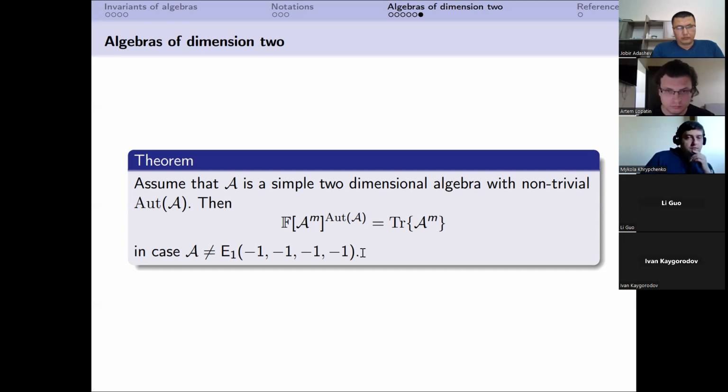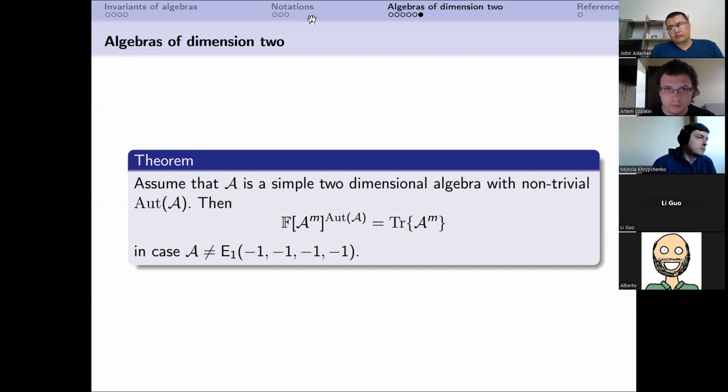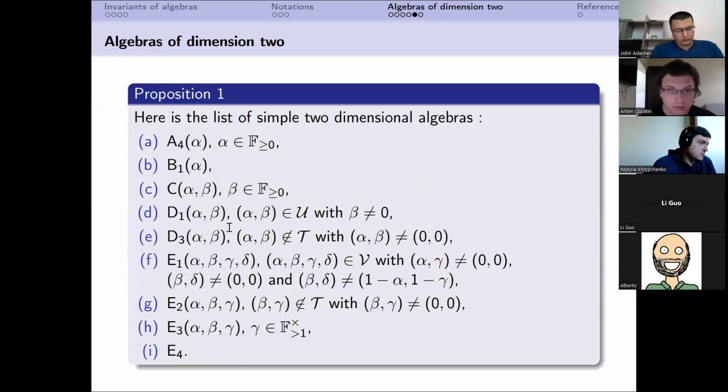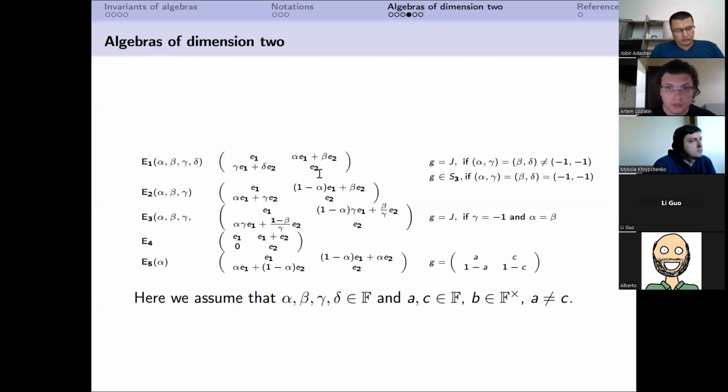More questions? Yes, I would like to ask about this special algebra that you get, this two-dimensional simple algebra. You said it is commutative, right? Yes, it's commutative, and its table of multiplication can be explicitly written down. For example, let me show.